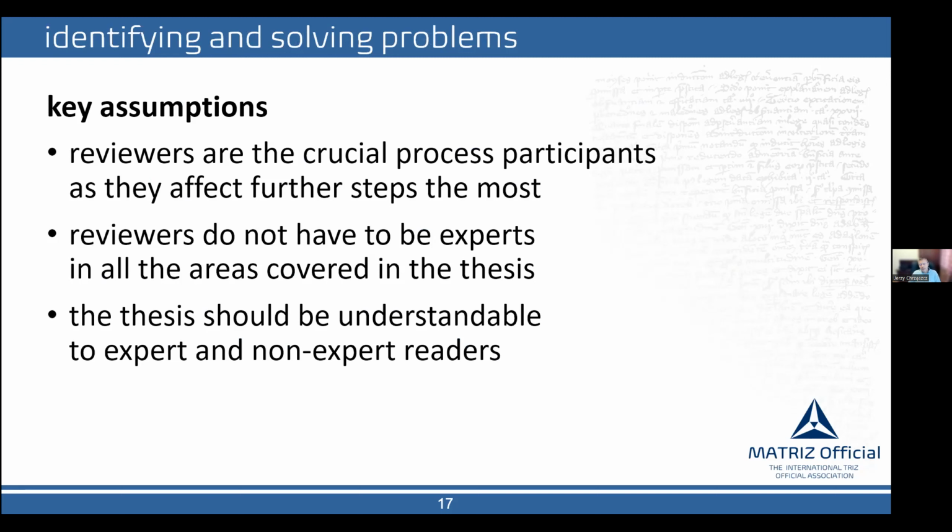And the first point is that reviewers are perceived here as the most impactful and therefore the most important thesis readers. Secondly, the reviewers do not have to be experts in all the areas covered by the thesis, as nowadays theses are usually multidisciplinary.